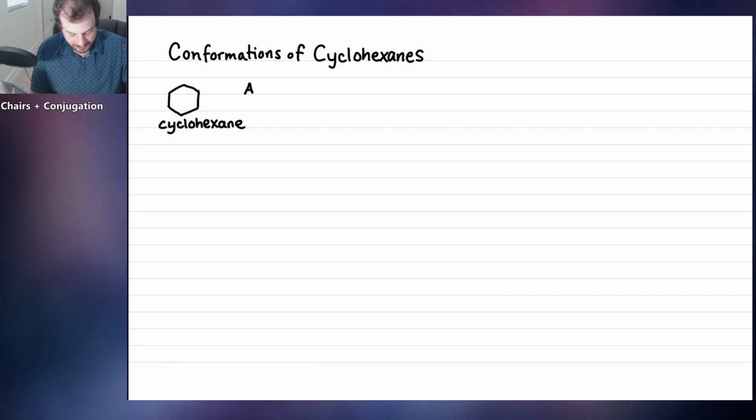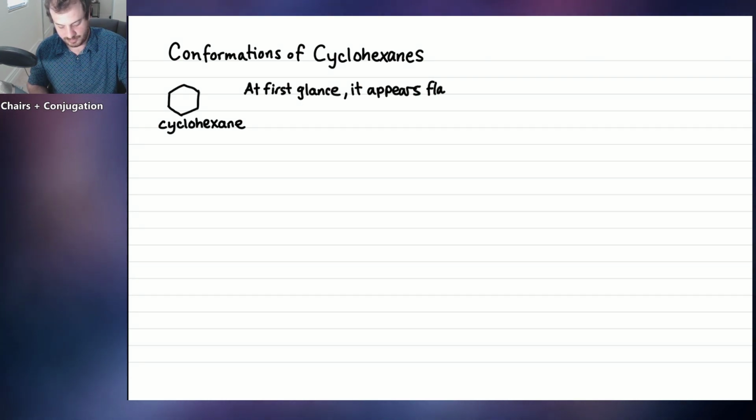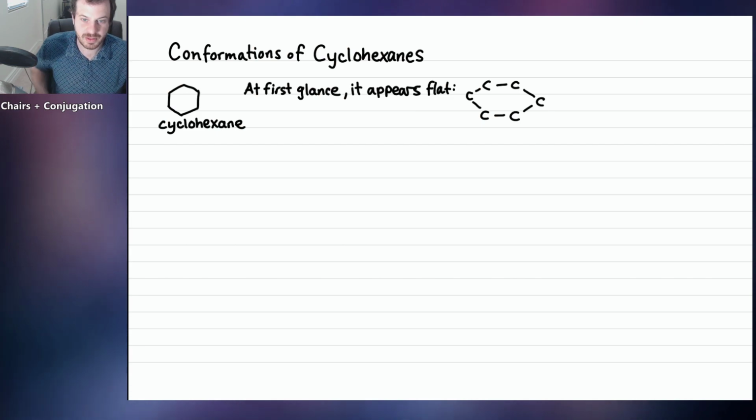At first glance, it appears flat. So you might imagine it kind of looks like a pancake. Just try and draw it in a flat form, just like a flat pancake.